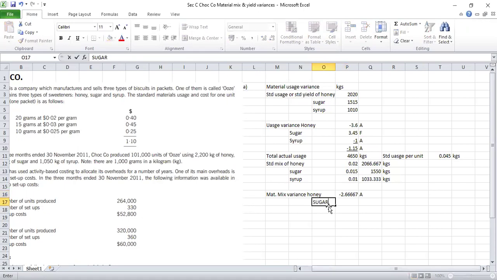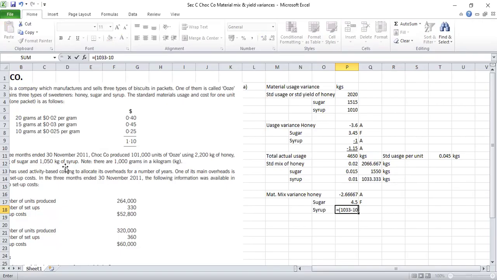Next one is sugar. Standard mix 1550 minus actual mix is 1400 into per gram is 0.03. It is favorable. Next one is syrup. Standard usage 1033 minus what?